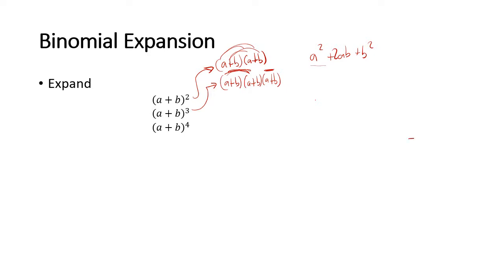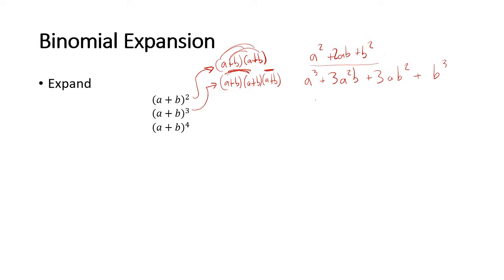In fact, if we multiply this by a plus b, that would be what we would expect to put for this answer. So this answer is going to end up being a cubed plus 3a squared b plus 3ab squared plus b cubed. Right, that's what that answer is going to end up being there.